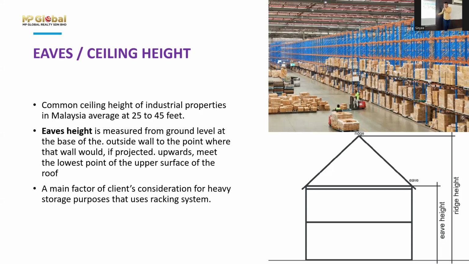Why is this important? For example, some clients are using it for storage. For storage they will be using a racking system, because you get to put more stocks. For a racking system, we need a higher ceiling. Okay. Cool.